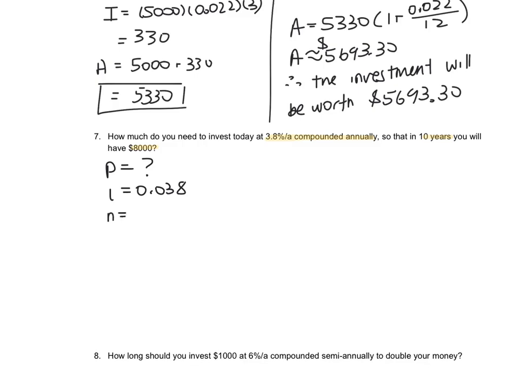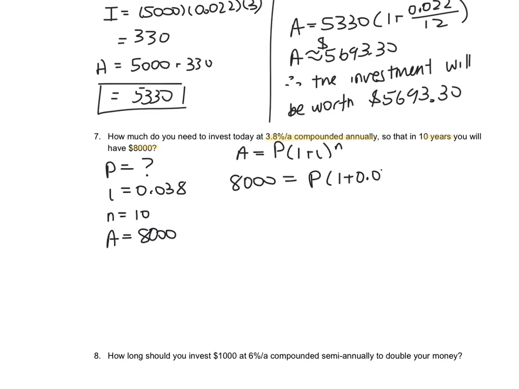And the number of compounding periods is 10 times 1, which is 10. And I know my future amount is 8,000. So in my formula, A equals P(1 plus i) to the power of n, I have everything except for P. So I'm just going to plug everything that I know in.